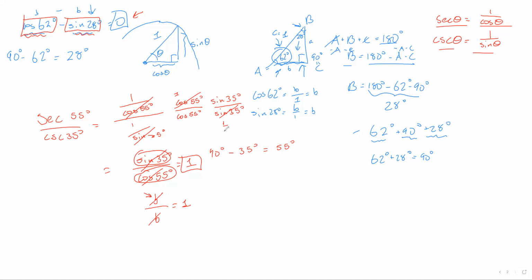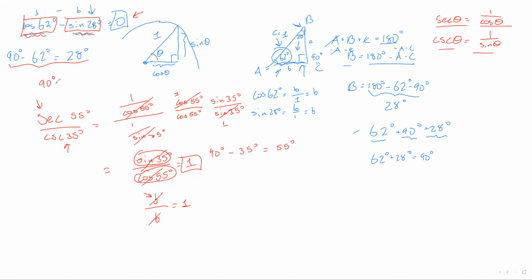If you want a shortcut in this problem, you can apply the same trick right here. But you have to ensure that they're kind of like the same thing. So sine and cosine, they're a very specific pair. They go together very well. Similarly, secant and cosecant are a pair. They go together very well. So you can use the same trick right here.